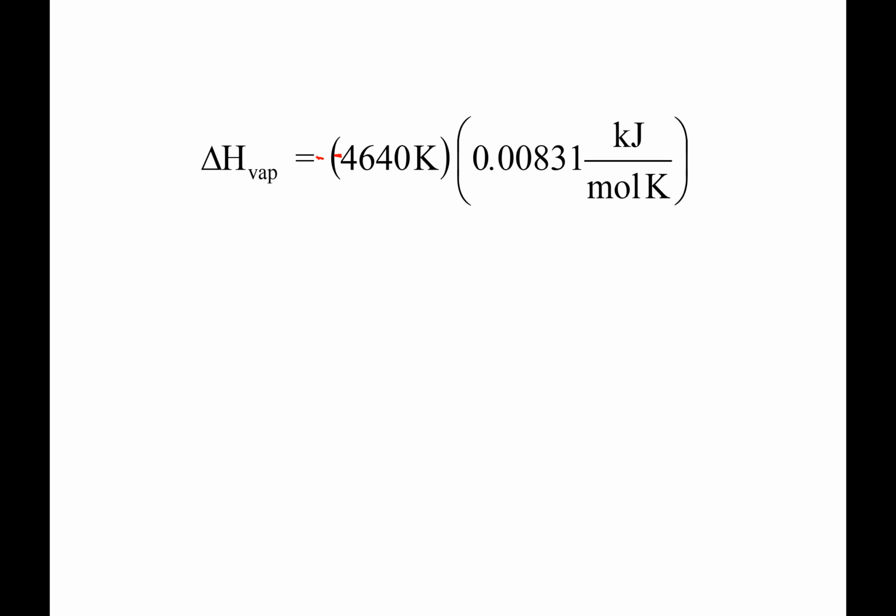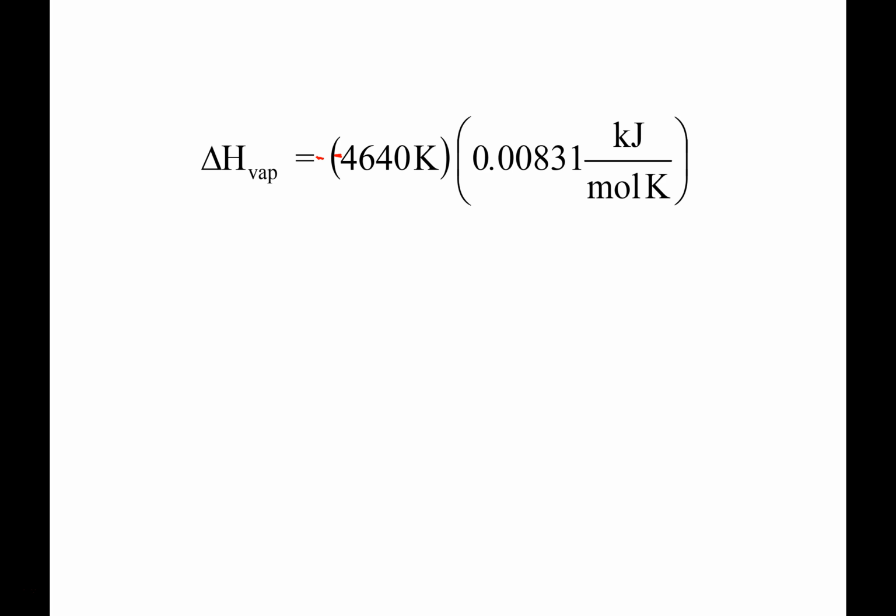Units of the slope are Kelvin, and why that would be: actually, we're going to do a problem like this in a minute. M is equal to change in Y over change in X, and units for the natural log are unitless, okay? But units for the change in X are 1 over Kelvin.